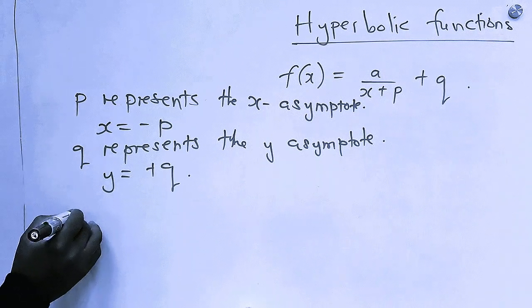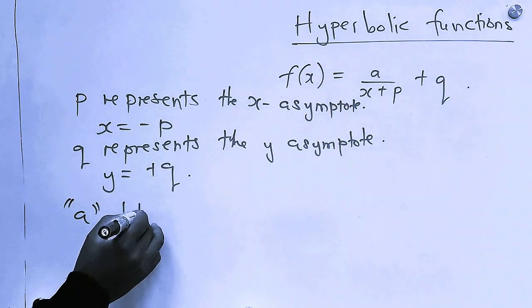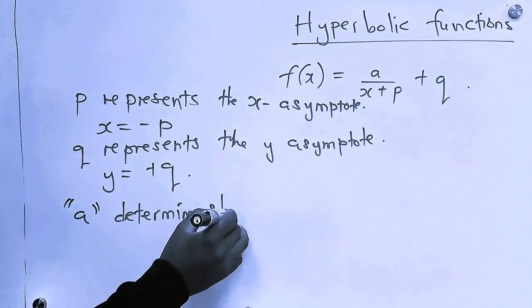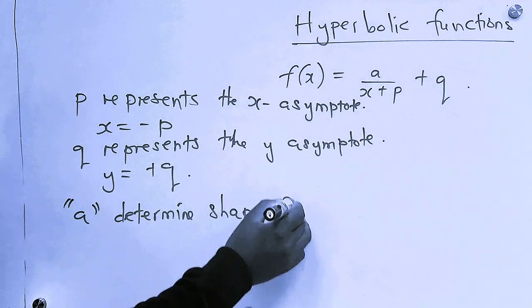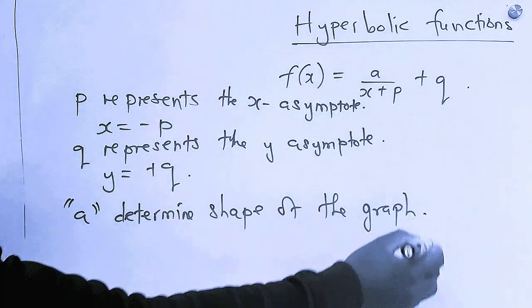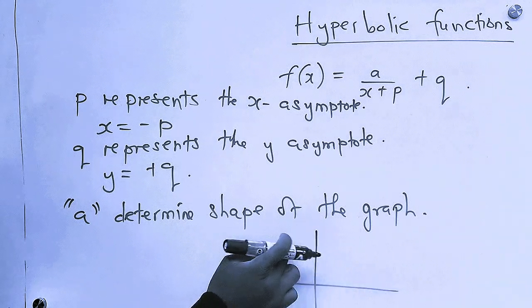Then a determines the shape of the graph. So our graph, meaning the hyperbolic graph, is drawn in the four quadrants on the Cartesian plane, which has quadrants 1, 2, 3, 4.